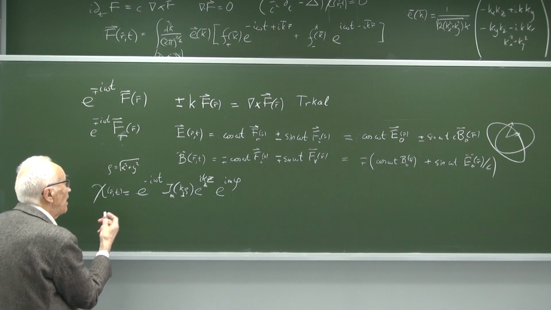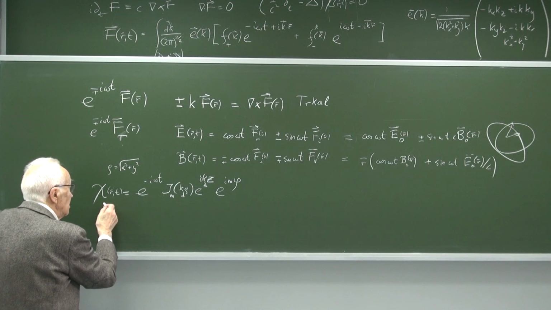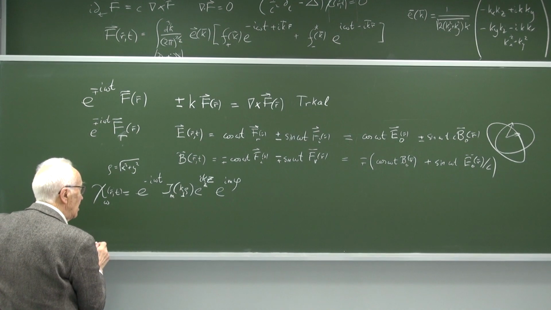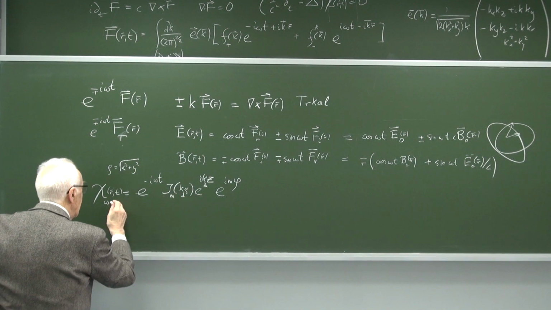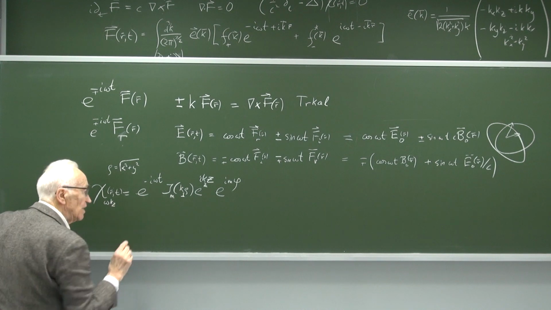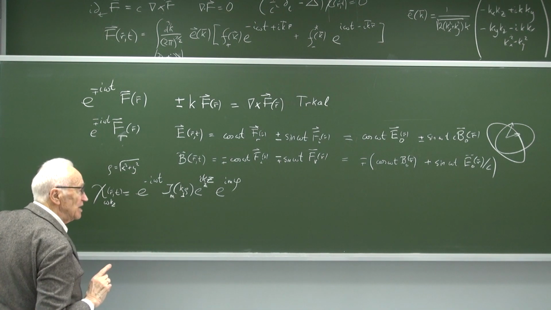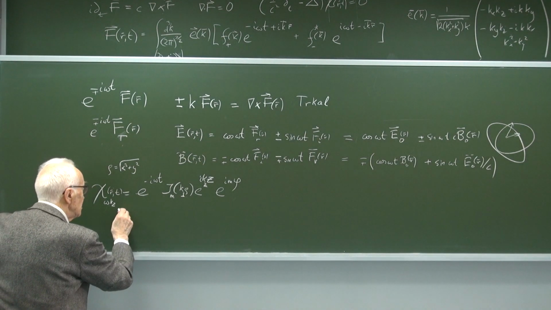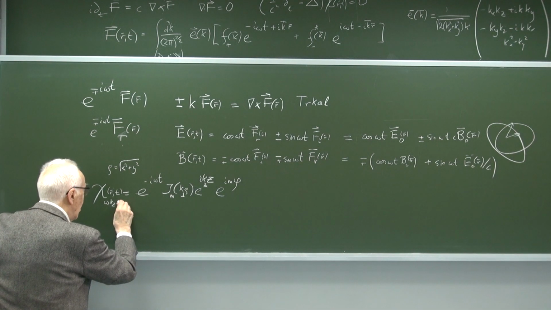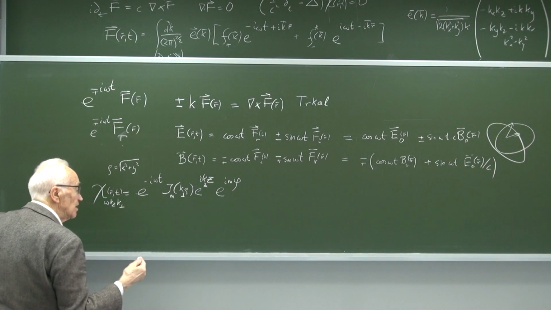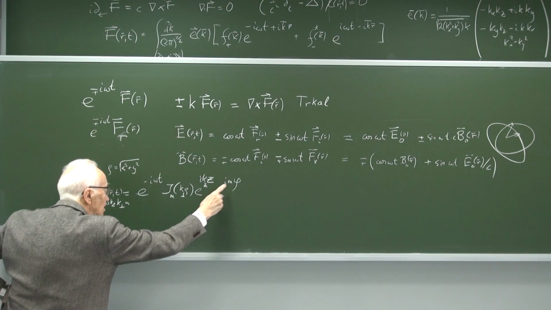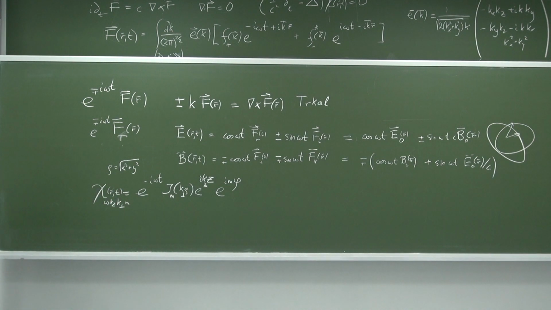And this solution is parametrized by the following coefficients. There is the frequency omega, there is the z component of the wave vector, and there is the value of the perpendicular component of the wave vector, and the index m here, which is an integer and tells you which order of the Bessel function we have.